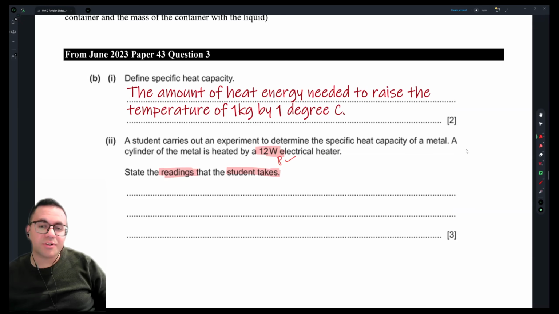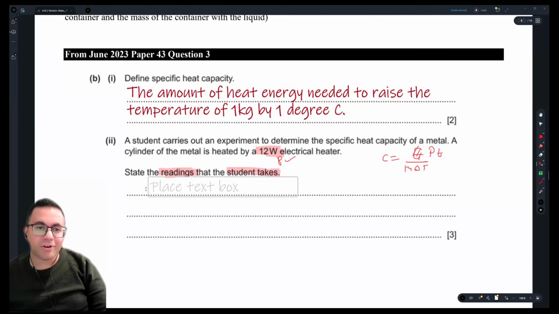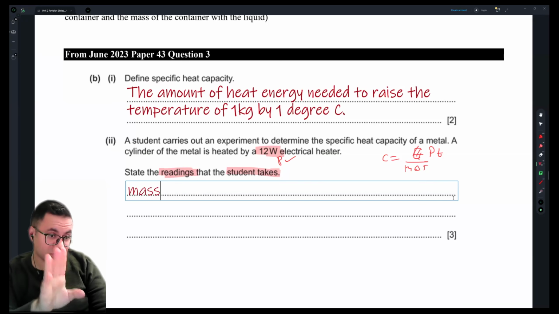Look at the equation. C equals E over M delta T. Oh, I don't have E. I need power times time over M delta T. So the things that I need to measure are the mass. It's just state. I'm not explaining.